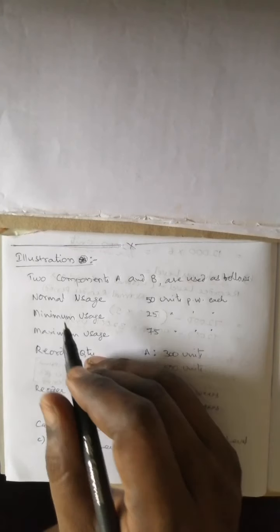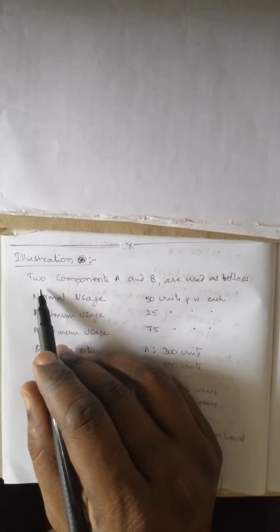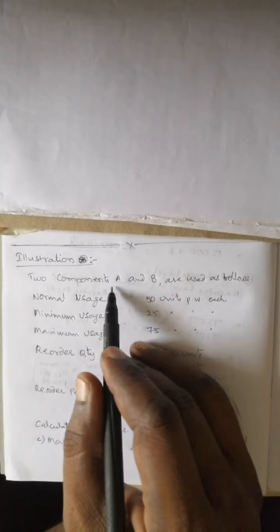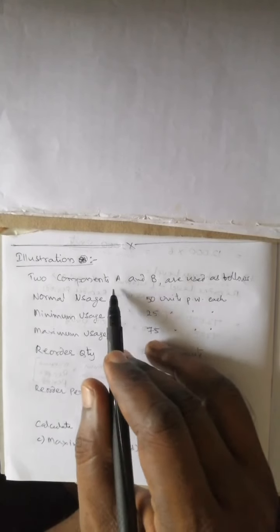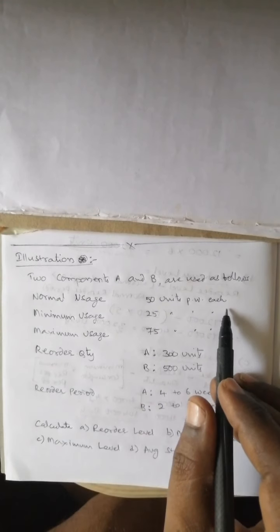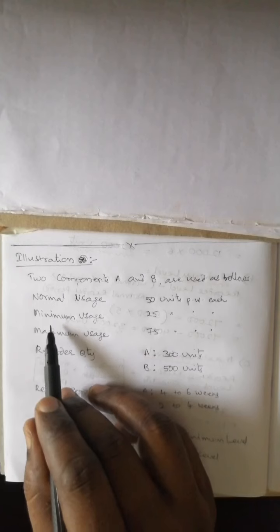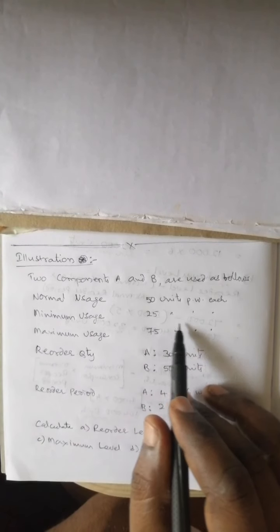Let us see this illustration. Two components A and B are used as follows. Means in a single production process we have two components A and B. Normal usage 50 units per week. Minimum usage 25 units per week.